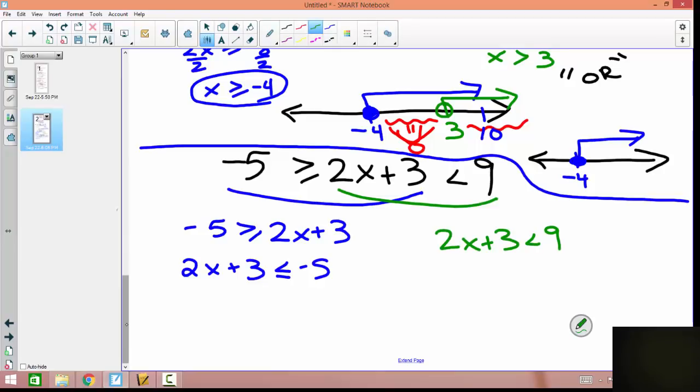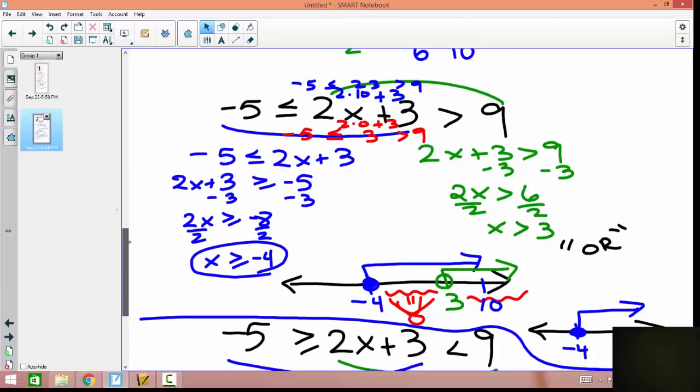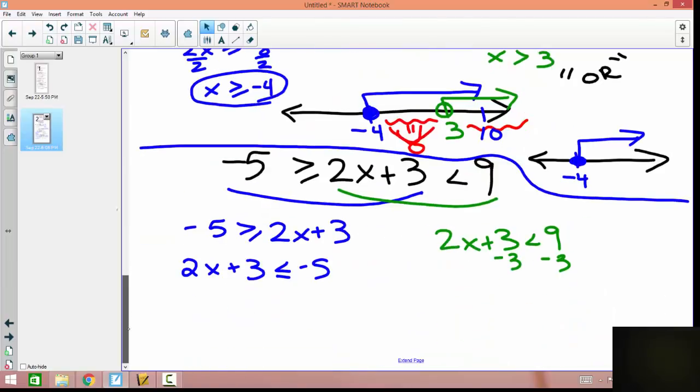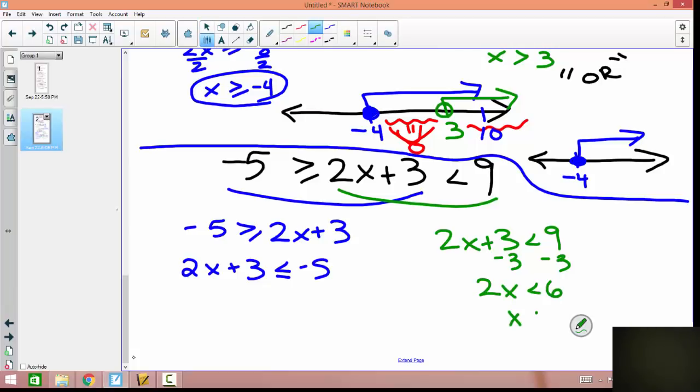And then the 2x plus 3 is greater than 9. So subtract 3, 2x is less than 6. Divide by 2, x is less than 3.